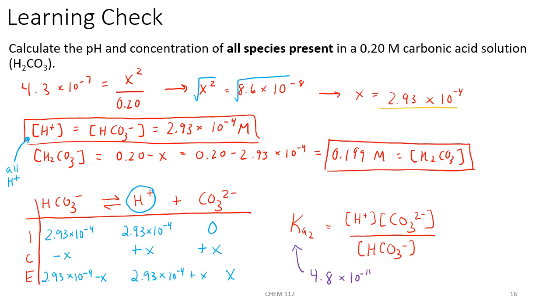So whatever our value for minus X is and for plus X here, it's going to be such a small amount that we're going to ignore both of those. So we're really not going to even assume that any substantial amount of hydrogen ion is formed from that second step. So really what we're going to have to figure out then is just what our amount of carbonate ion concentration is at equilibrium, and that's just going to be our X value.